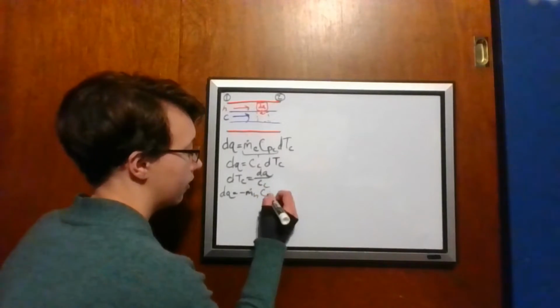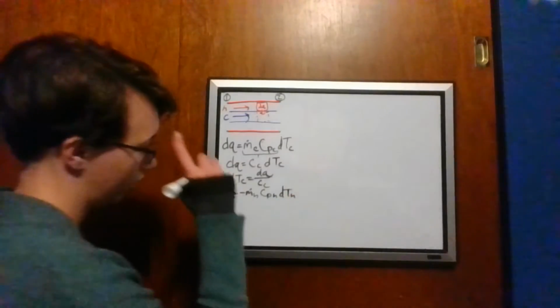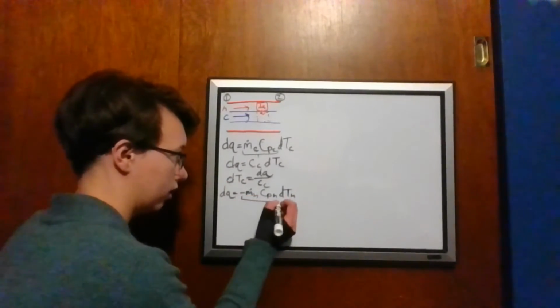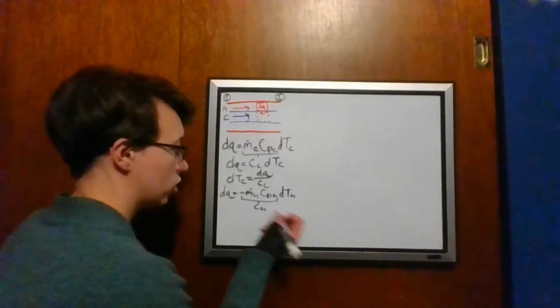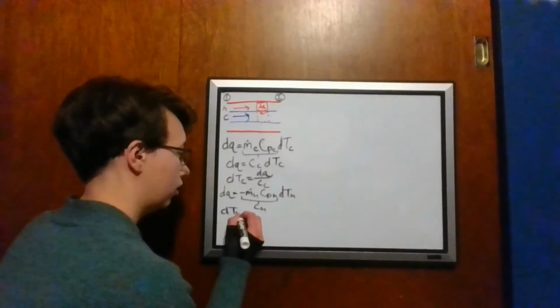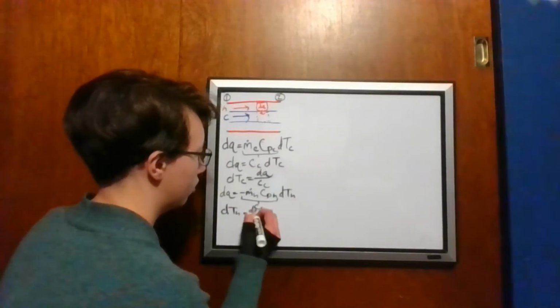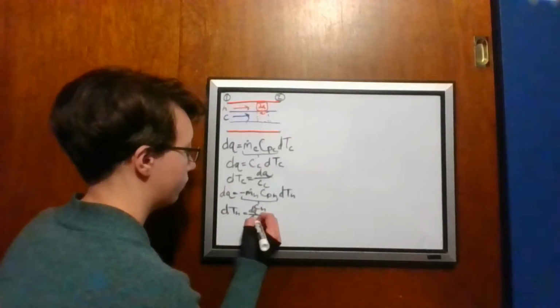Times the heat capacity of the hot fluid times the differential temperature of the hot fluid. And then this can also be combined into a CH. And then we can solve for the differential of the hot temperature, which is equal to dQ over CH.